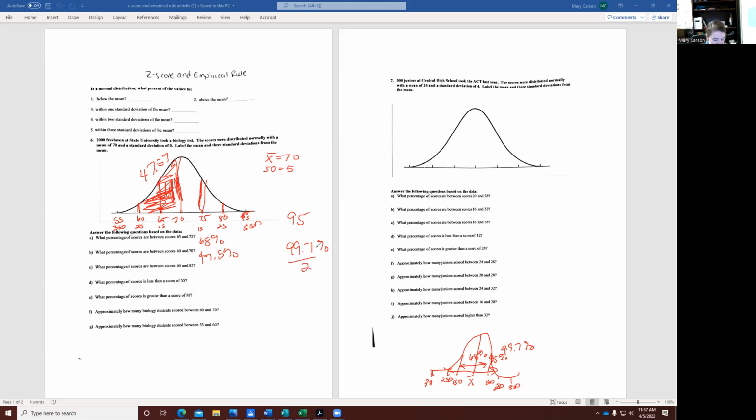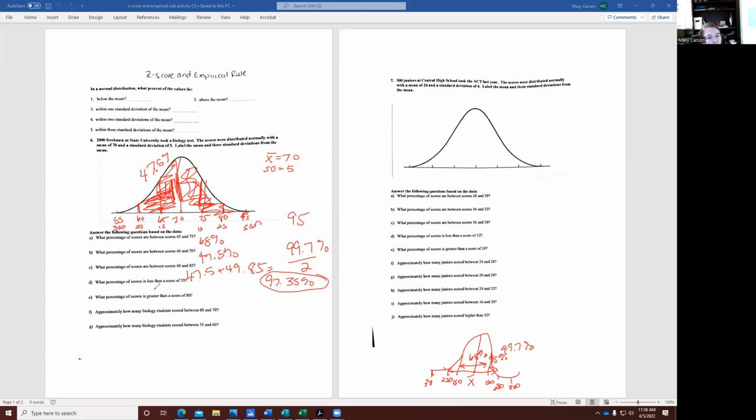So 99.7 divided by 2 is 49.85. We add the two together: 47.5 plus 49.85 is 97.35%. So that was from 60 to 85.